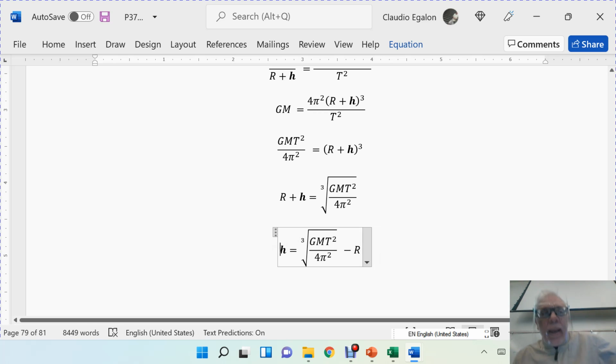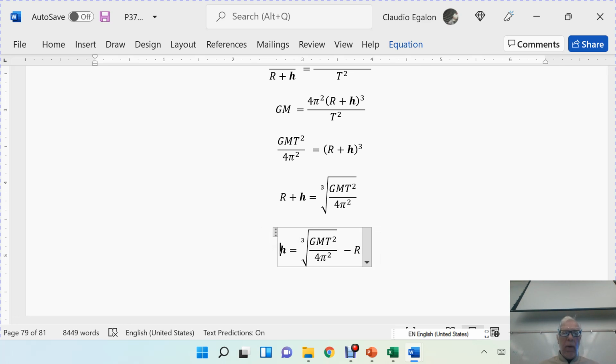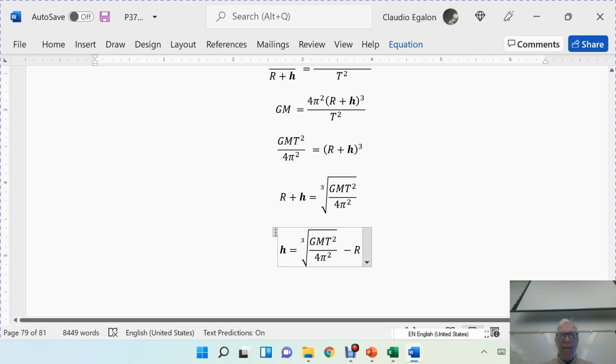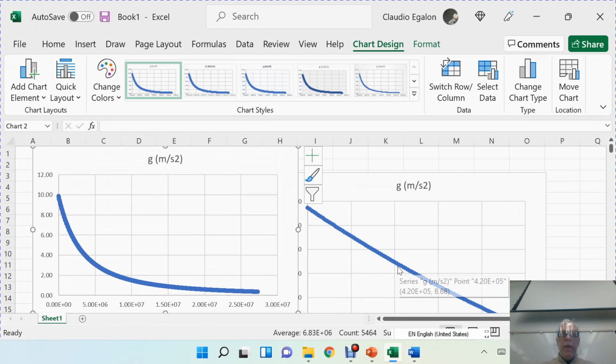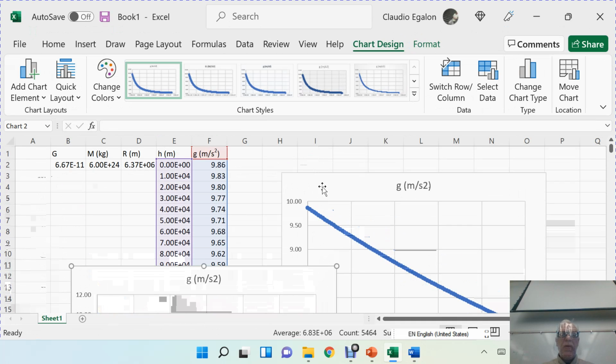Now we can go ahead and plug in our equation. We're going to do that using Excel. I already have most of the parameters here in this spreadsheet.